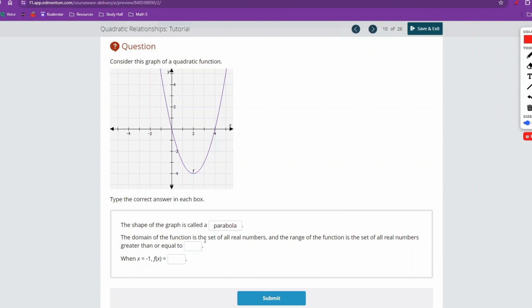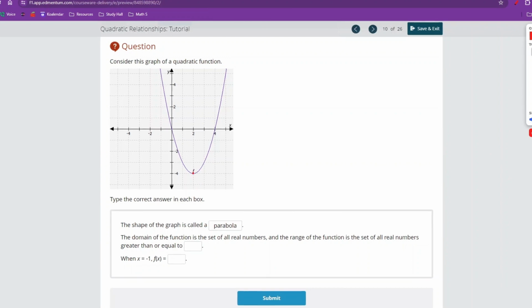So the domain of the function is the set of all real numbers. And that tracks. We went over that all possible x values are valid for this particular graph. The range, however, depends on our peaks and/or valleys. Here, it seems to be a valley.